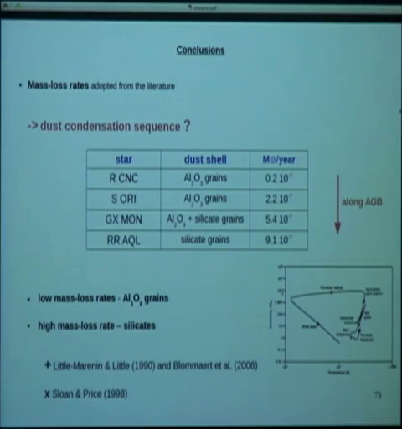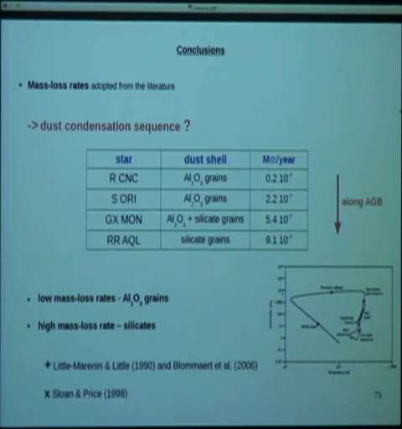Our results correspond with the study of Little-Marenin and Little and Blumart, because we see that the two stars which have aluminum oxide dust shells have lower mass loss rates in comparison to GX Mon, which has a little bit of silicates, and Aquila, which is described by a silicate dust shell itself.